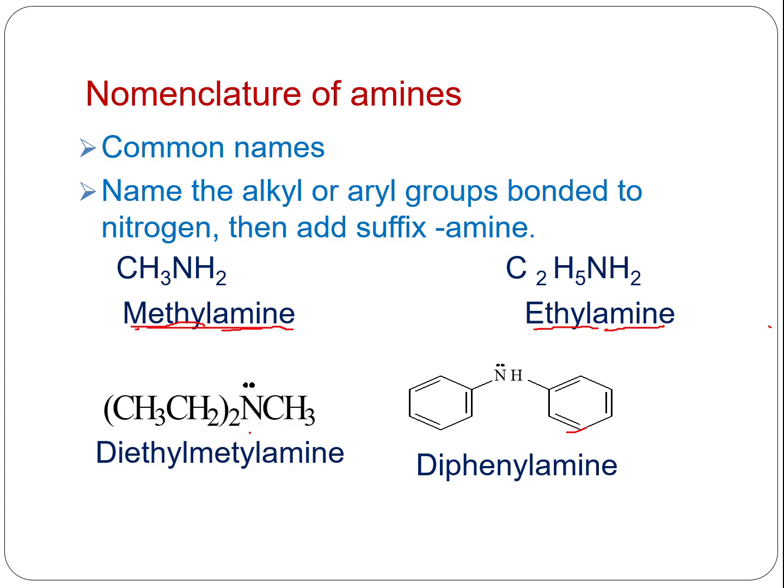If more than one group of a similar type is there, then it is written as diethyl, and here there is another group, a methyl group, so it is called diethyl methyl amine. In alphabetical order, E comes first and then M, that is why ethyl should be written first and methyl later.